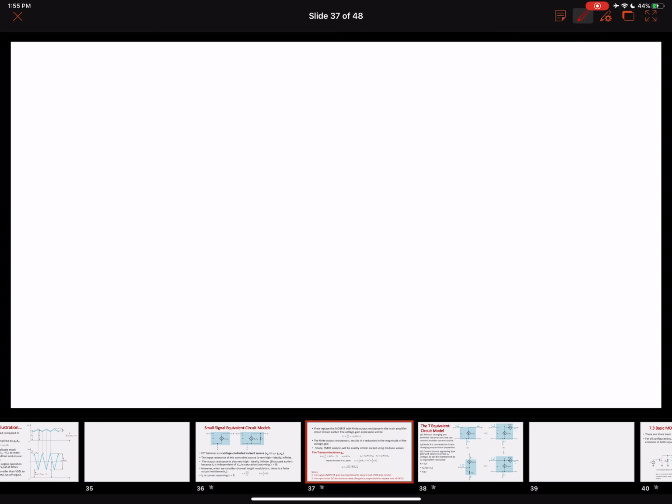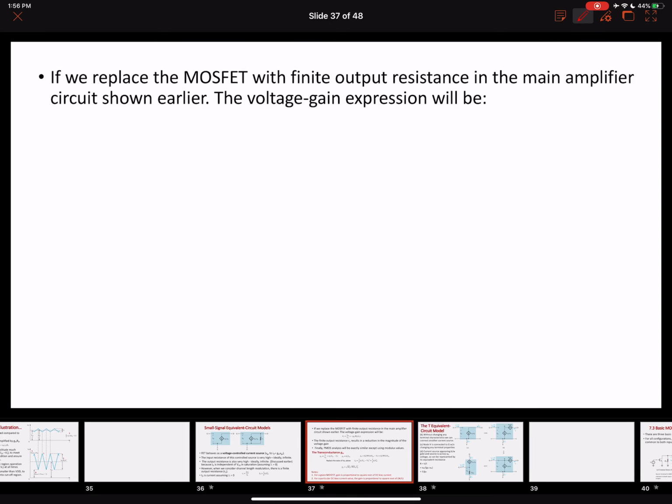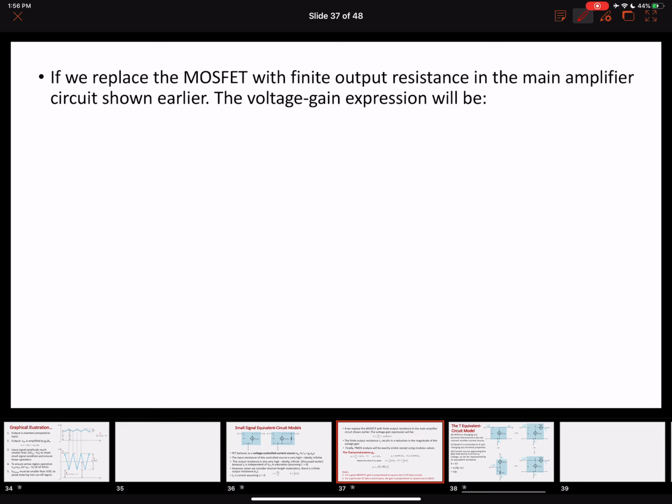Okay, so an important thing over here: earlier we derived the gain expression of the MOSFET, right? But that gain expression was when we considered the output resistance to be infinite.